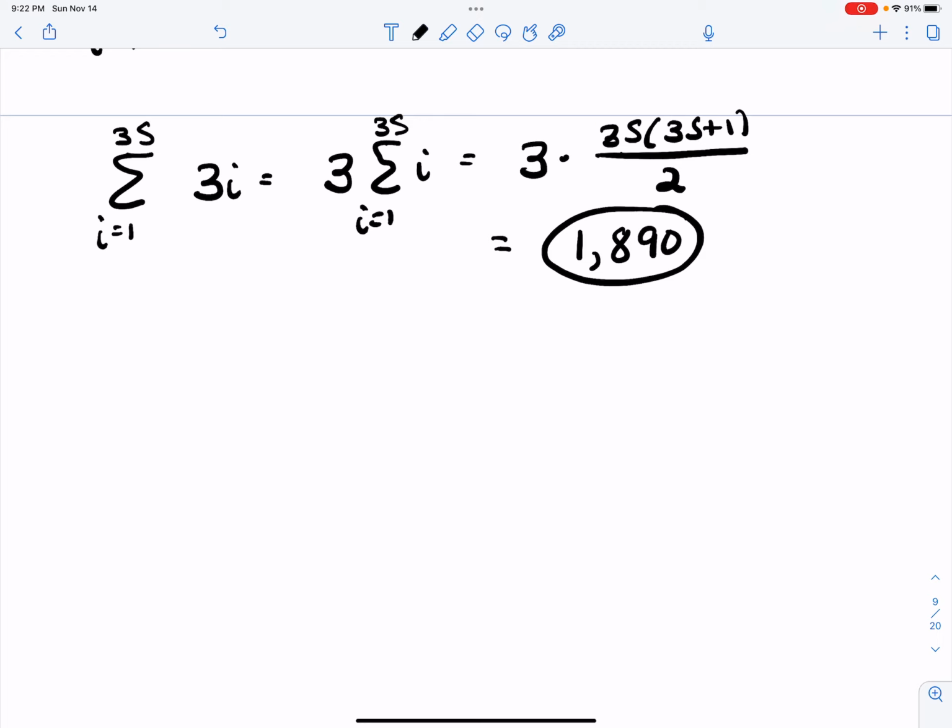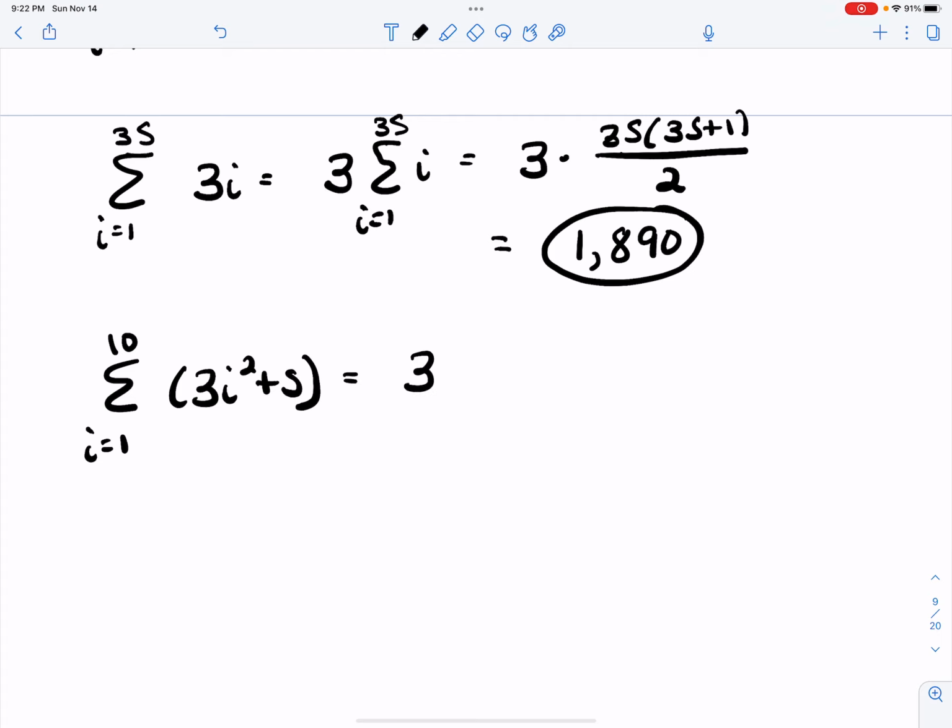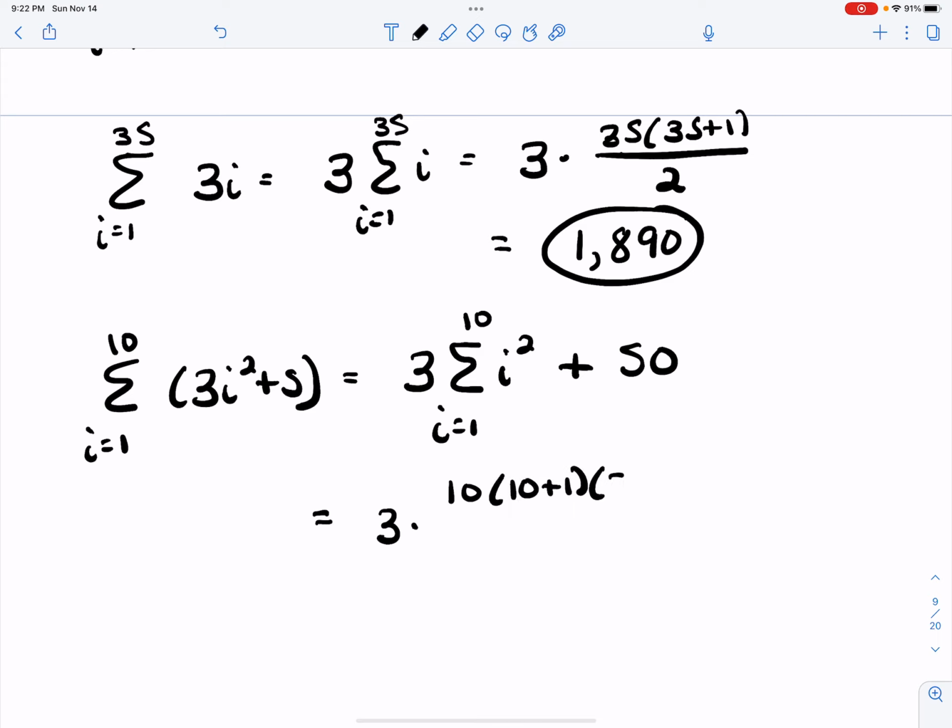And then for our problem with the summation of i equals 1 to 10 that I did earlier, we had 3i squared plus 5. We had broken that up into 3 times the summation i equals 1 to 10 of i squared plus, and we had a 50. We figured that out earlier. But now we can do that summation with the i squared. 3 times, we could have 10 times 10 plus 1 times 20 plus 1 over 6, and figure all that out, plus 50.